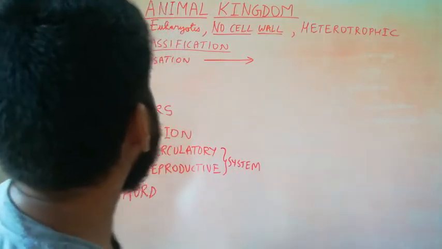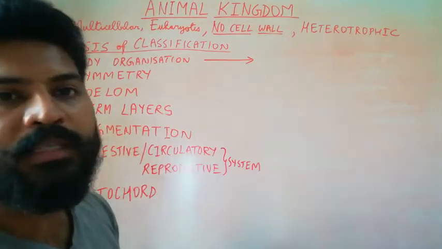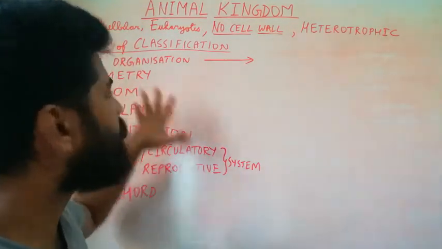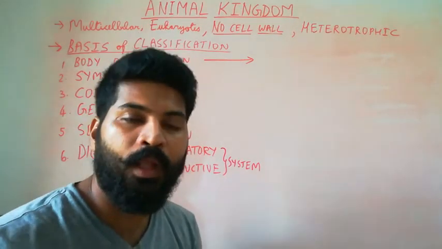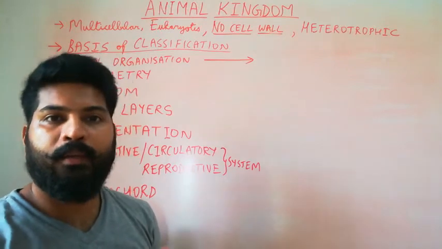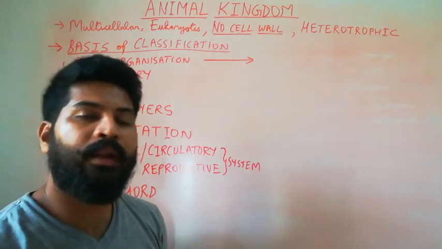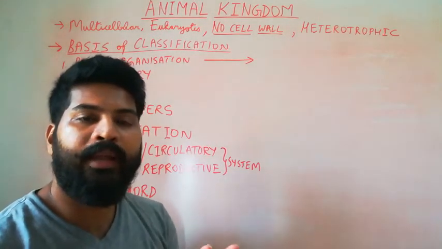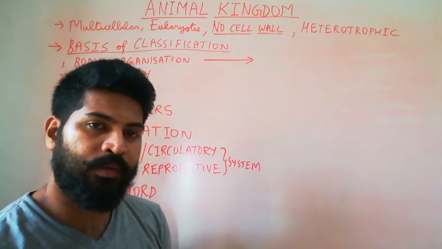Next basis for classification of organism is symmetry. What type of symmetry is exhibited by an animal? Symmetry refers to identical halves.